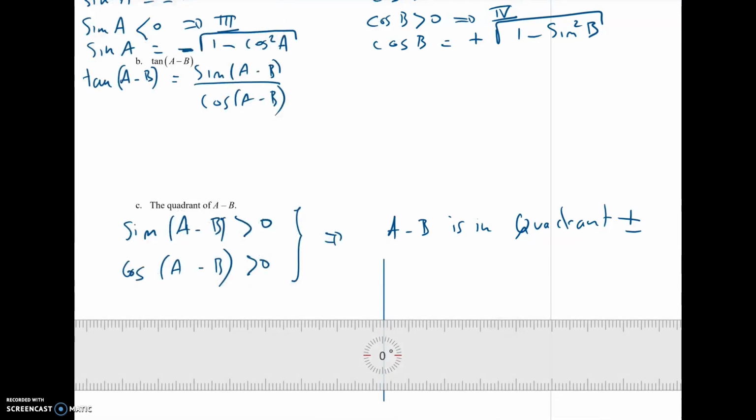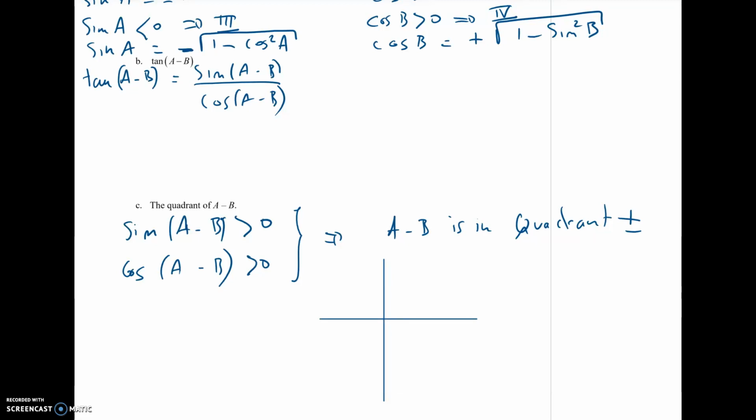If you look here we go, quadrant 1, quadrant 2, quadrant 3, quadrant 4. The cosines are positive right here, and I'm going to use this right there.